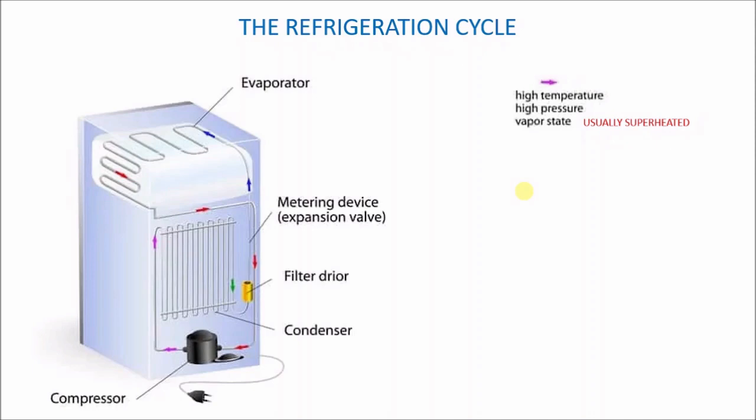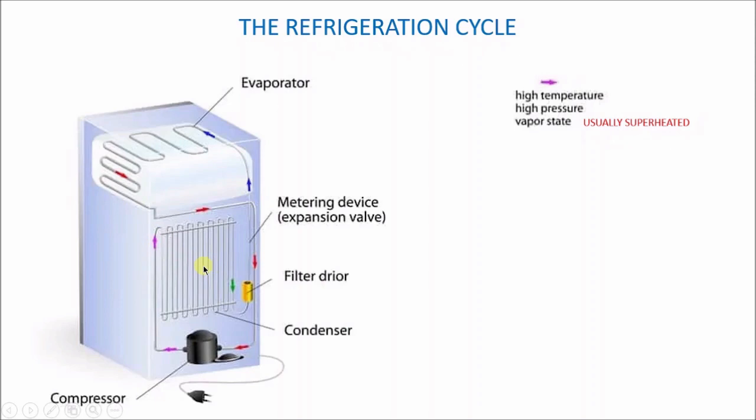And then after the compressor, as you can see, the purple arrow, you can see that after the compressor, the refrigerant is going to come and get in these coils here that represent the condenser. So after the refrigerant leaves the compressor, it gets into the condenser.